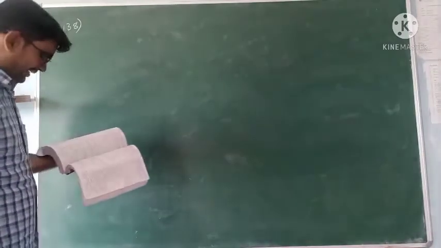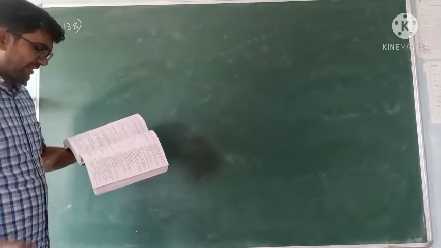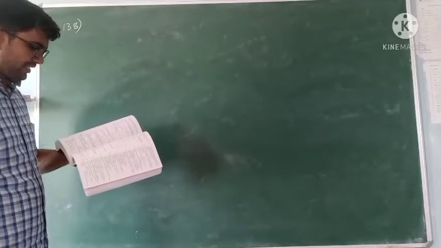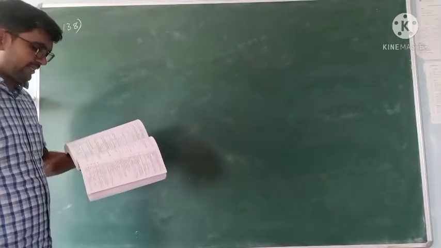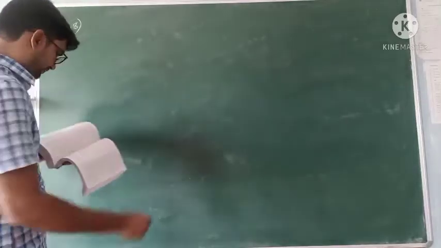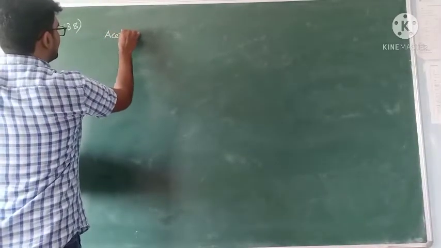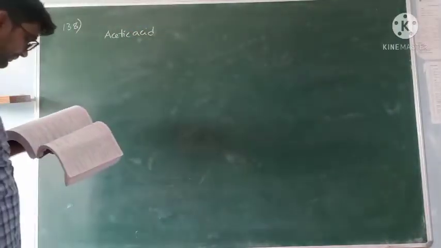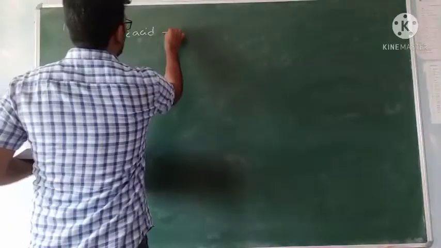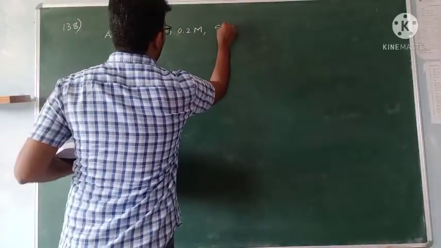Next one, 138. When 0.2 molarity solution of acetic acid is neutralized with 0.2 molarity NaOH in 500 ml of water. So acetic acid is 0.2 molarity and volume is 500 ml.